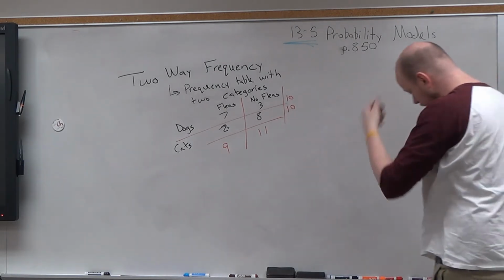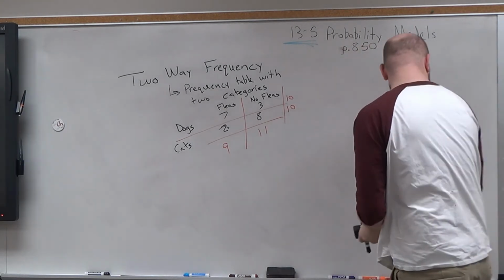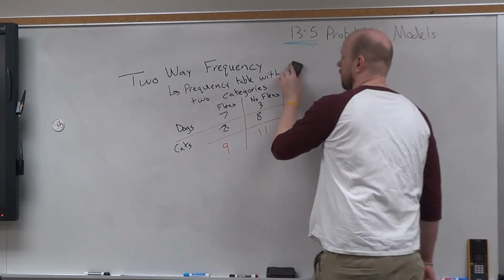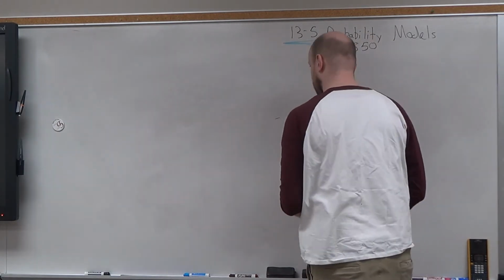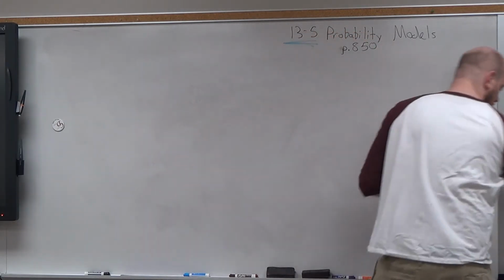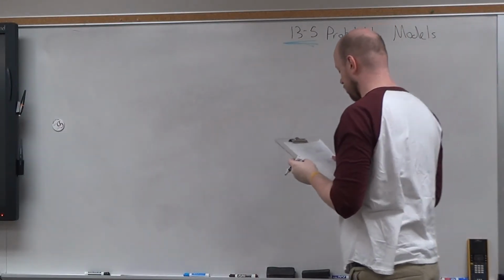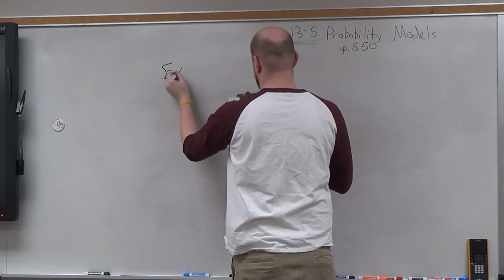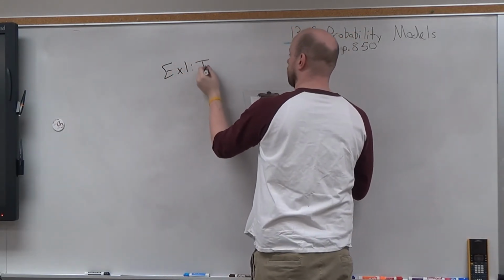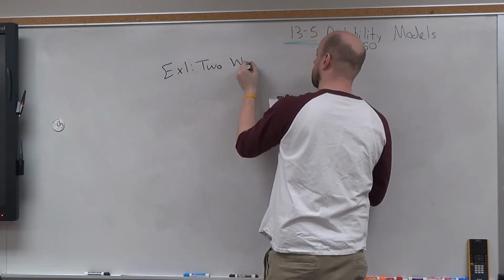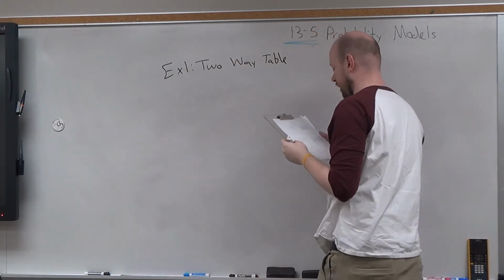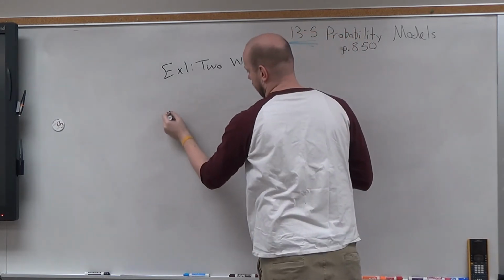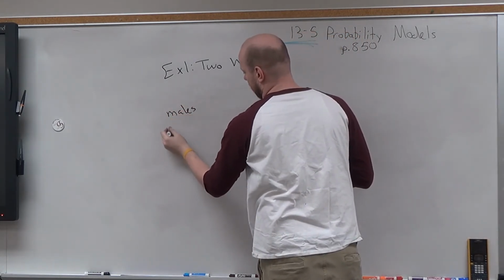Okay. Example 1, two-way table. Let's say that we have males and females.